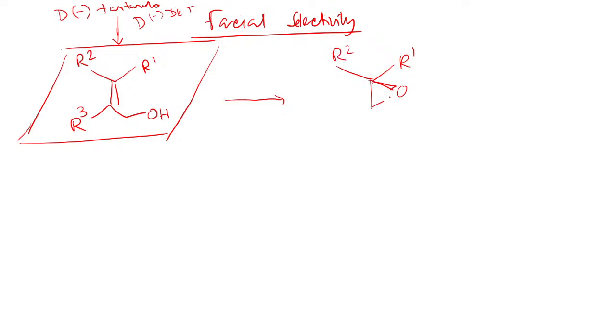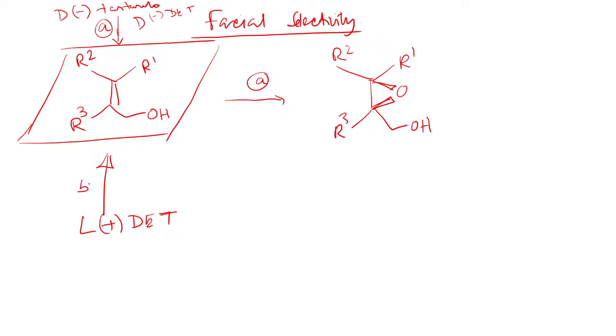So top side means like this you have to draw. And L plus DET will come from the lower side. So this is the A, suppose, and this is the B approach. So in the B approach you get this product.